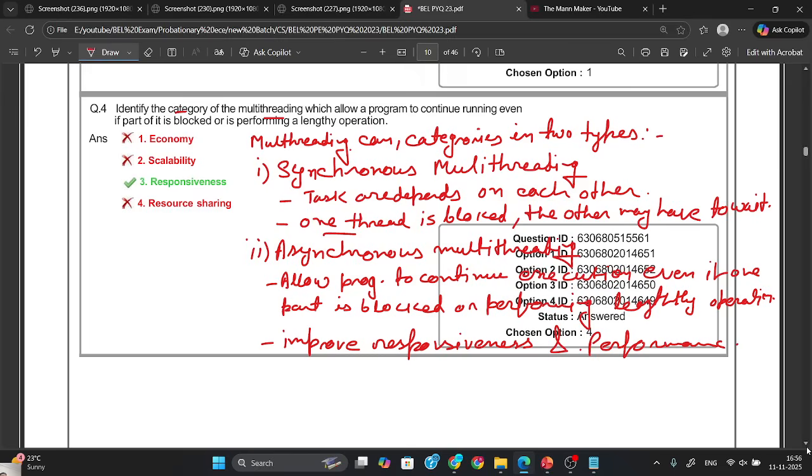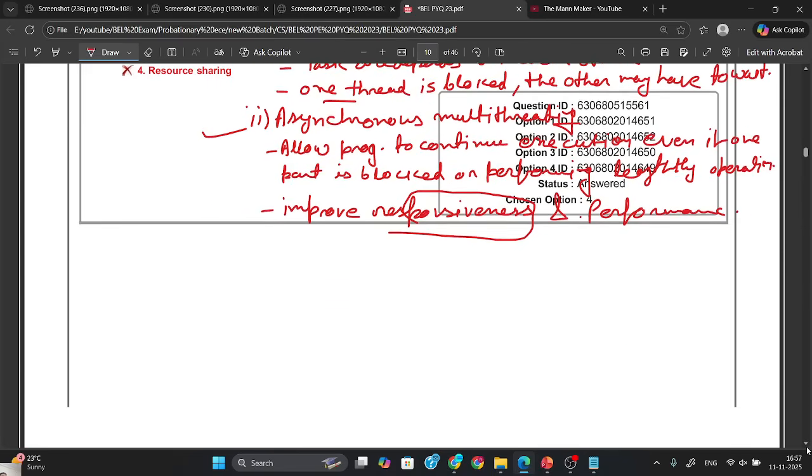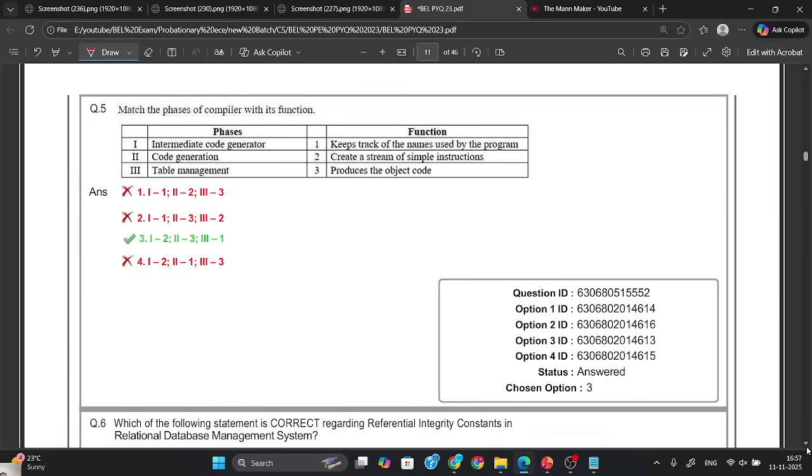We have two types, asynchronous and synchronous, and the one which allows the program to continue running even if part of it is blocked or performing a lengthy operation is asynchronous multi-threading, which is also known for responsiveness. So option C, the third option, is your right answer. You need to remember all these things.